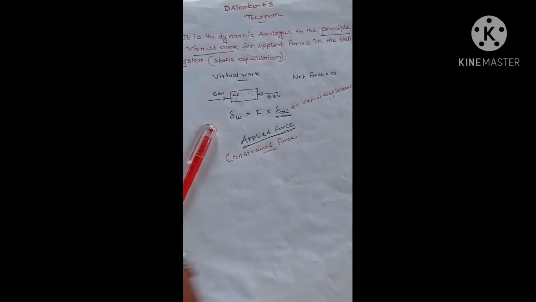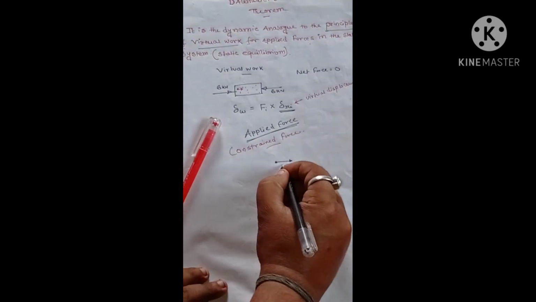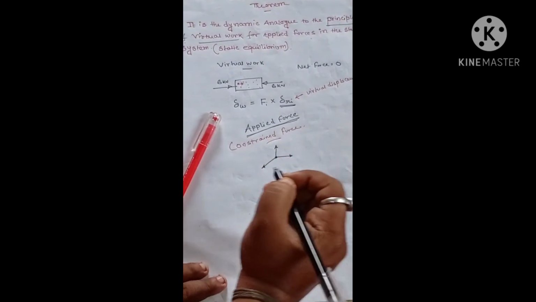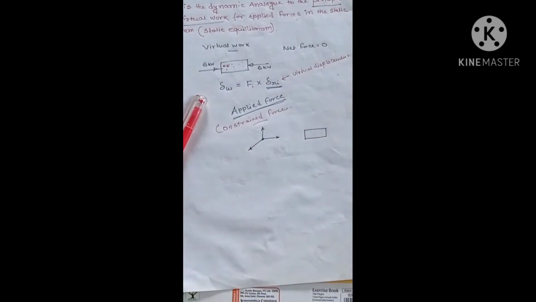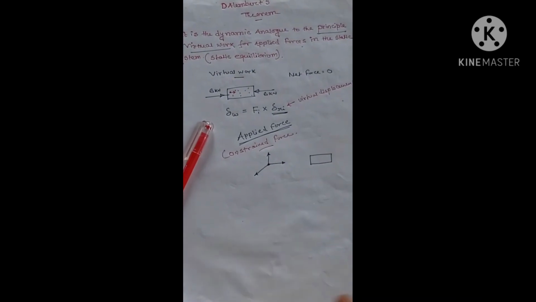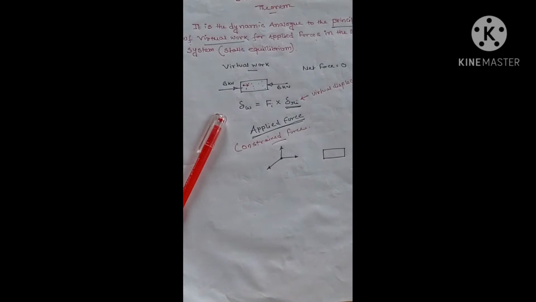Suppose a particle can move freely in three dimensions: x direction, y direction, as well as z direction. But if you restrain the movement, then the force responsible for restraining it is known as a constraint force.